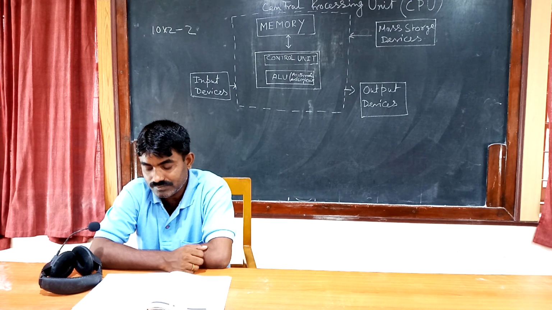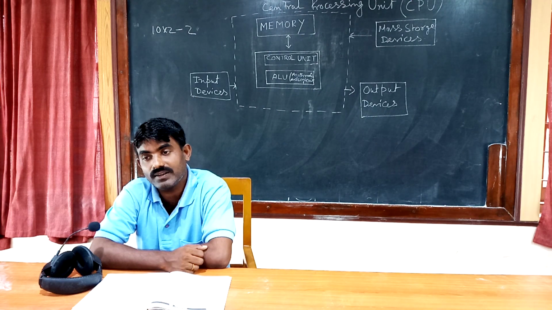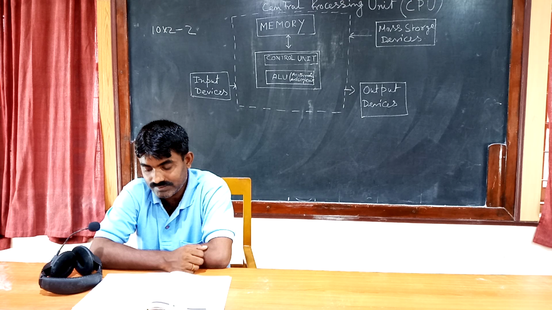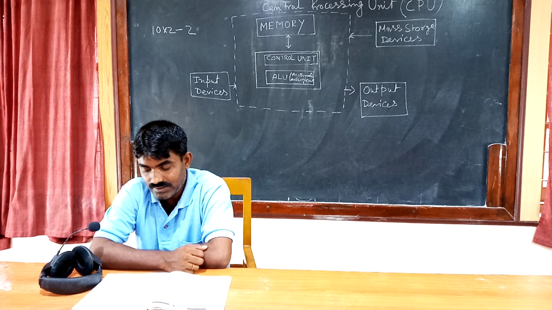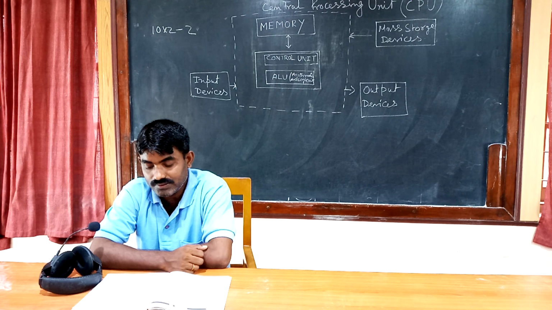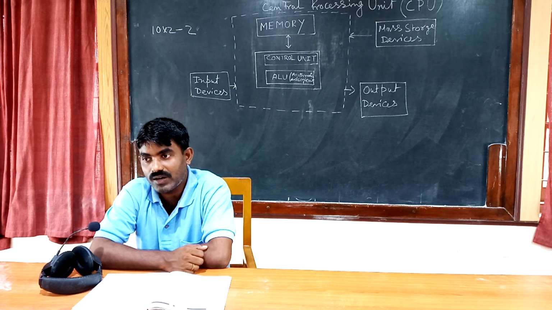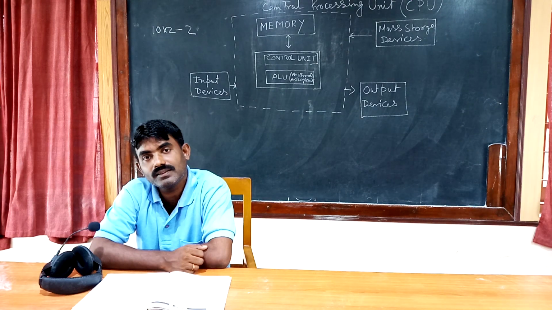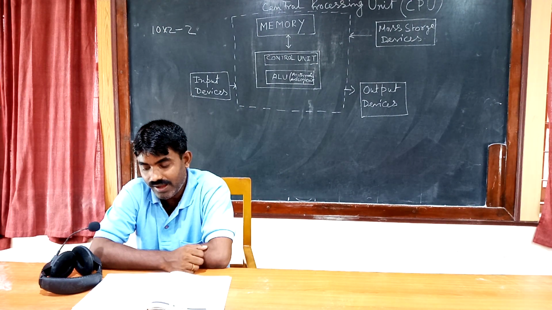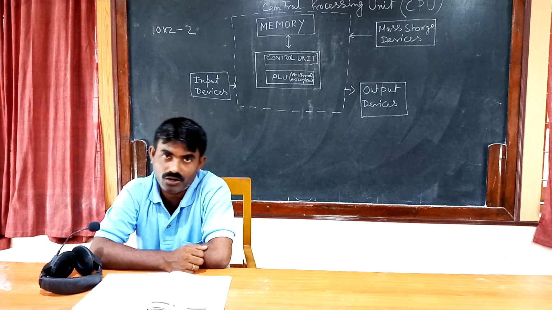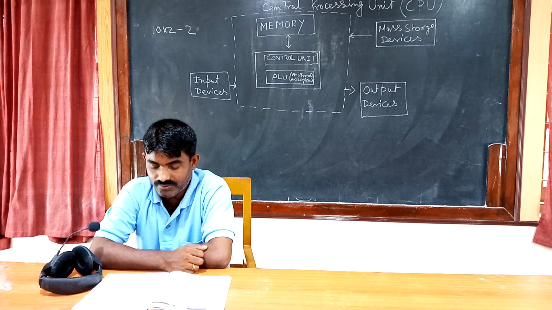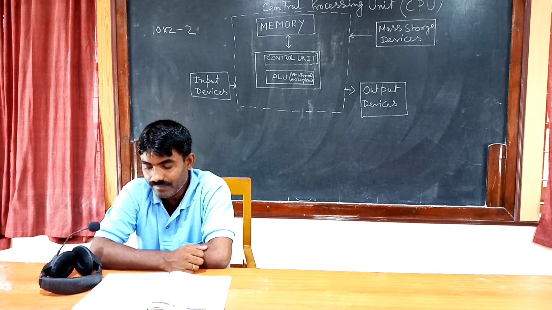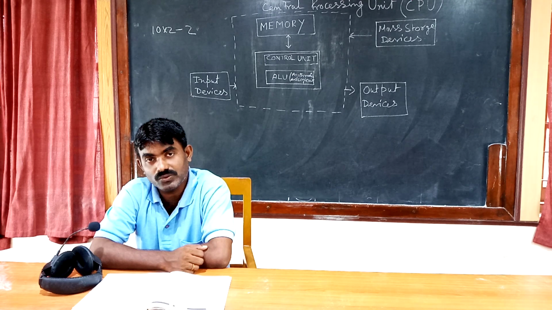ALU in the CPU can work on different words and it helps the computer to perform its work more easily. Logical operations like AND, OR, NOT, NAND, etc. are performed in this ALU.